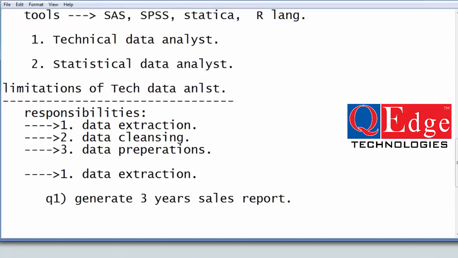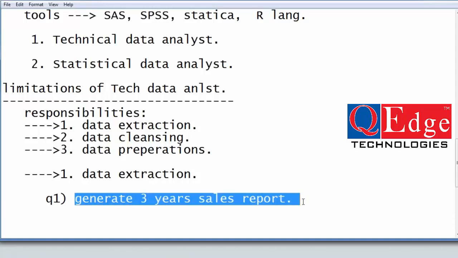Now, if you are a SAS guy or an R language analyst, first you need to connect with the proper database source, fetch the recent 3 years of data, and then generate the related reports. But in this, the question is, whatever data is required for your report, is this data internal to the organization or external to the organization?